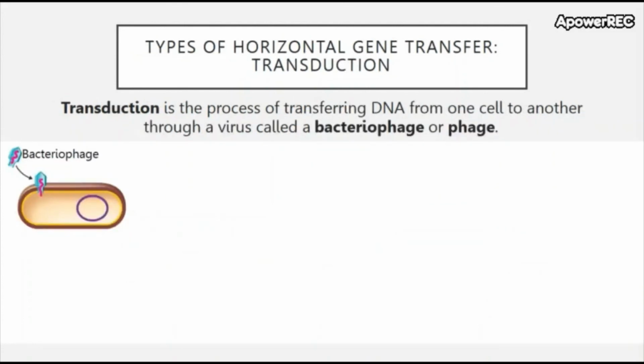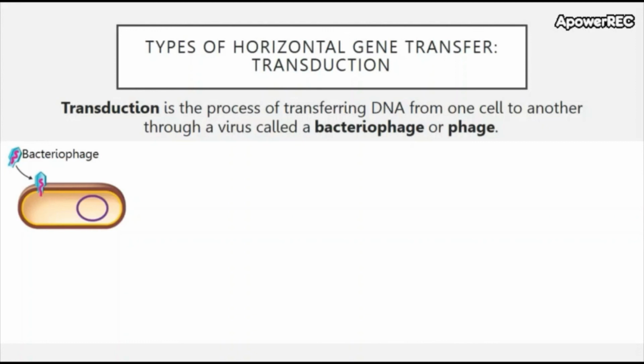Next, we have transduction. Transduction is very interesting in that it occurs through a mediator. So transduction is the process of transferring DNA from one cell to another through a virus called a bacteriophage or phage. This can also occur in eukaryotes, but here we're focusing more on it happening with bacteria.